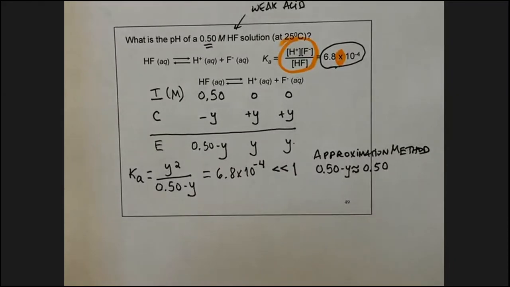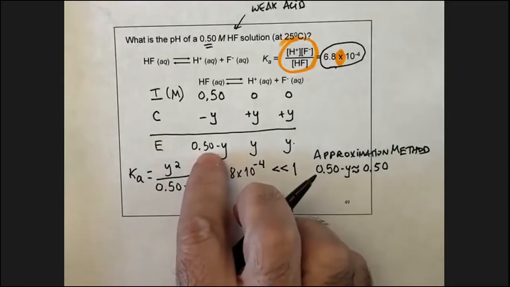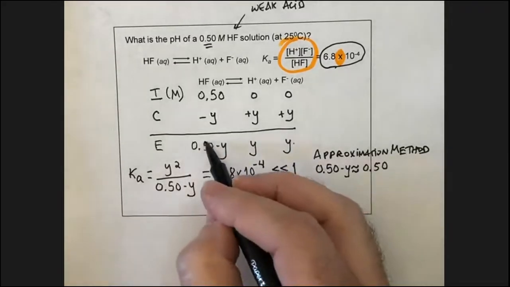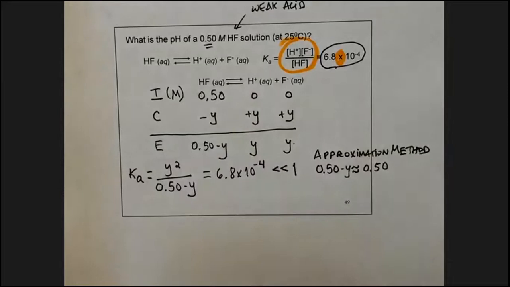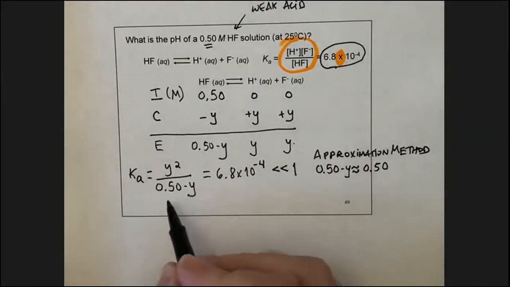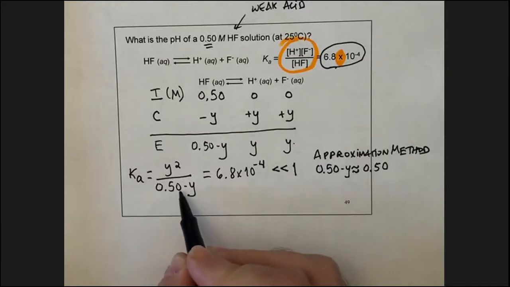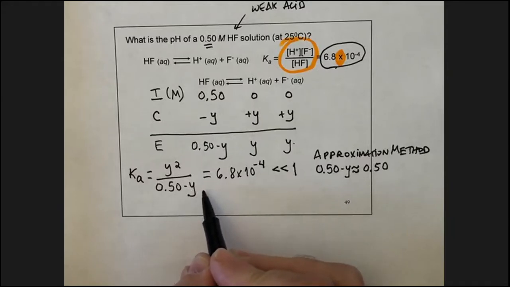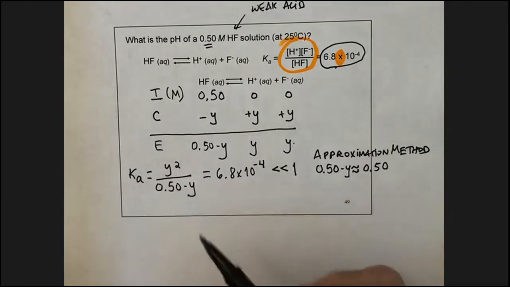All right? This is what we call the approximation method. Now, we'll talk later on about the limits to this kind of approach. This tells me that the change in the level of HF, the unionized acid, is so small that it's imperceptible. Whatever Y is, it's somewhere out in a decimal place that's beyond the level of precision of my measurement anyway.